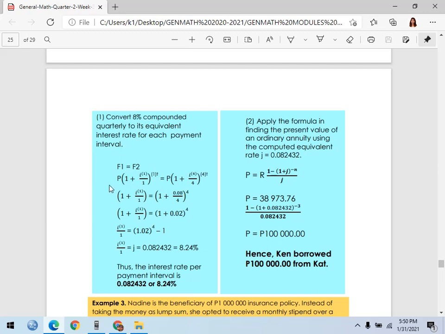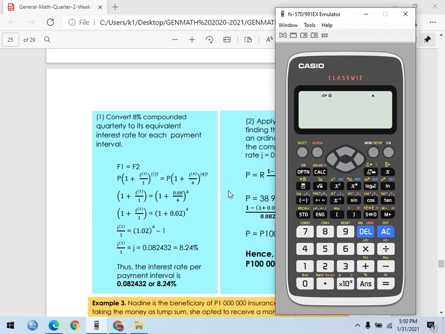So, to convert, we have 0.08 or 8% divided by 4, compounded quarterly, plus 1, raised to 4, and then raised to 1.